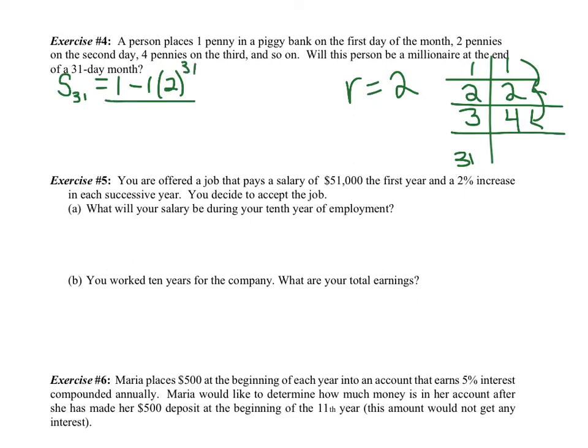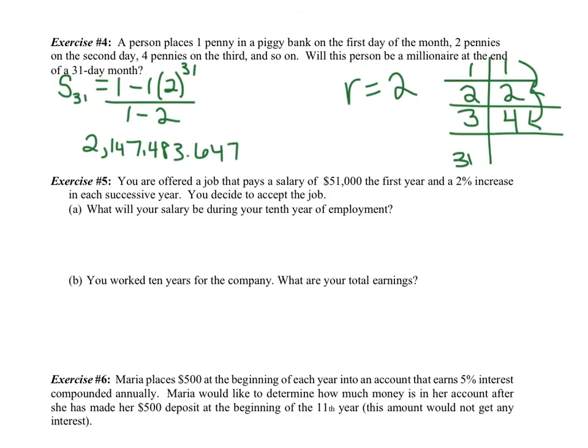And underneath, I'm doing 1 minus my common ratio of 2. You're going to put that whole thing in your calculator. And when you do that, I suggest you do that just to make sure you get the same number as me.